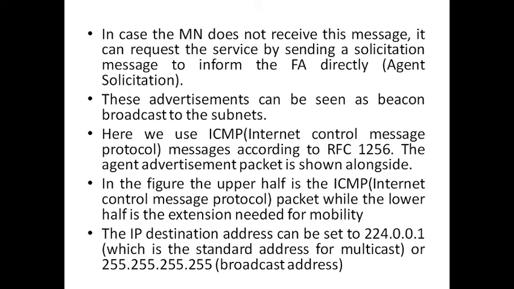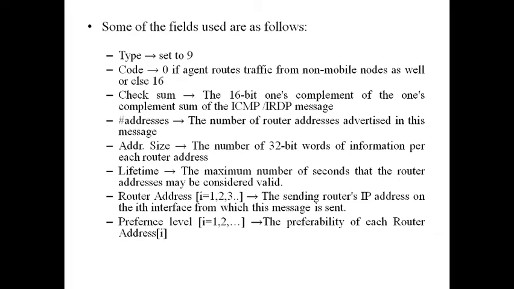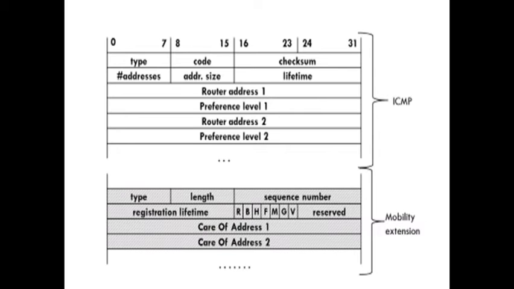Before that, this IP destination address is always set to 224.0.0.1 if it is used for multicast. If it is a broadcast address, then 255.255.255.255. If it is multicast, then 224.0.0.1. Okay.